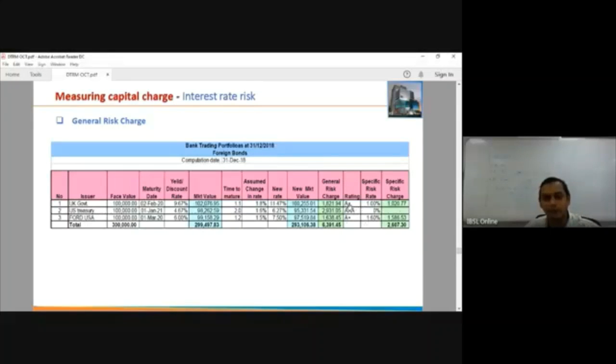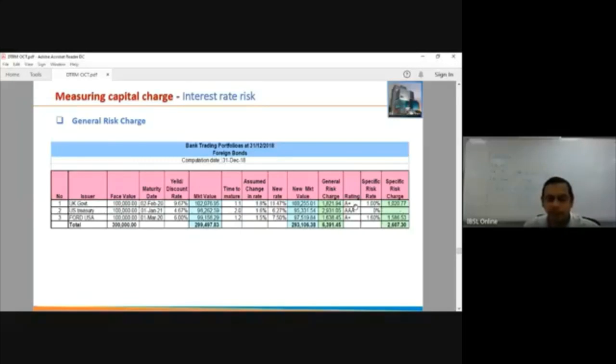This is not the exact rating, but only for example purpose. So we assume that UK government rating is A+, and US rating is AAA, and the US Ford company has a rating of A+.